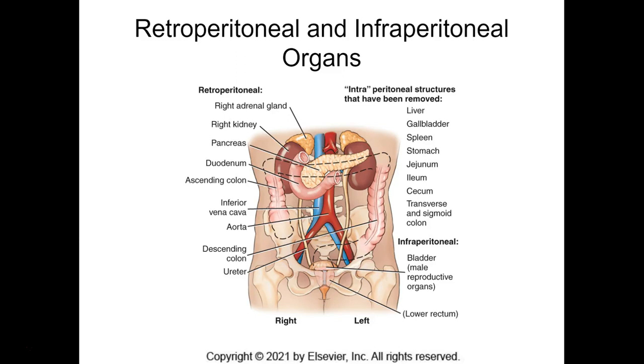In males, the lower peritoneal sac lies just above the bladder, totally separating the reproductive organs from the organs in the peritoneal cavity. Okay, so just know that in men, the peritoneal cavity is closed and it ends right above the bladder. In women, the peritoneal cavity is open to allow passage of the uterus, the fallopian tubes, etc.